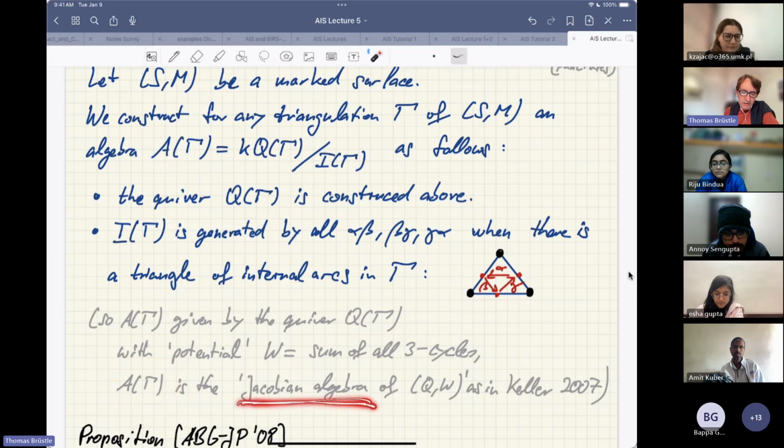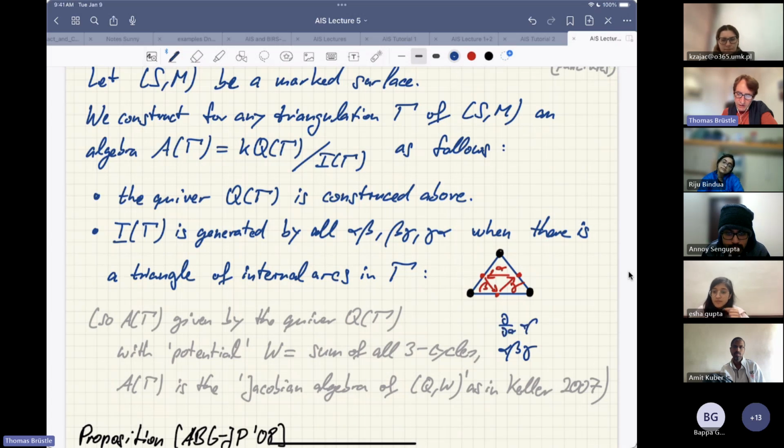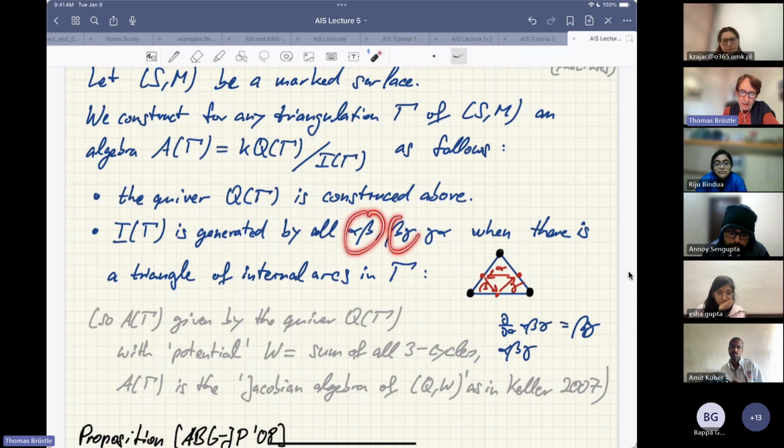So you take the derivative of those 3-cycles. When you have a 3-cycle alpha, beta, gamma, and you take the derivative with respect to alpha of alpha, beta, gamma, that would give you beta, gamma, isn't it? And so they take formal derivatives in all 3 variables. So what they end up with is alpha beta, beta gamma, gamma alpha.